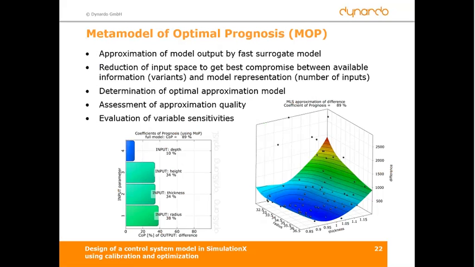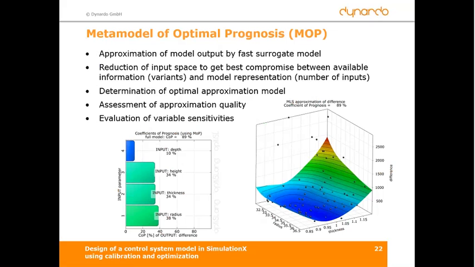Afterwards, a meta-modeling approach named Metamodel of Optimal Prognosis, or MOP, is running, and here optiSLang automatically identifies the most important parameters and finds the best related metamodel with the relevant input and output variables.